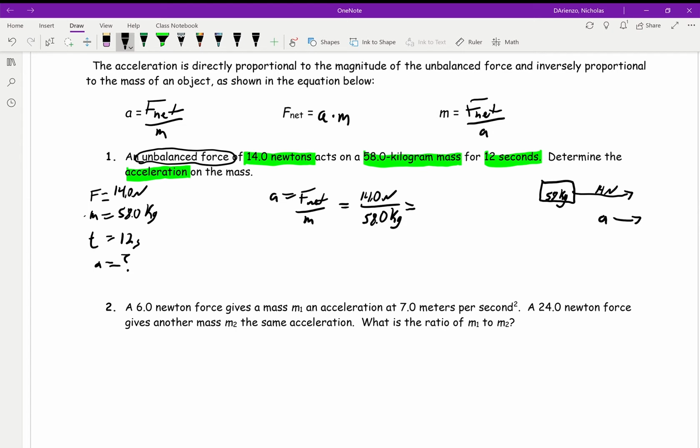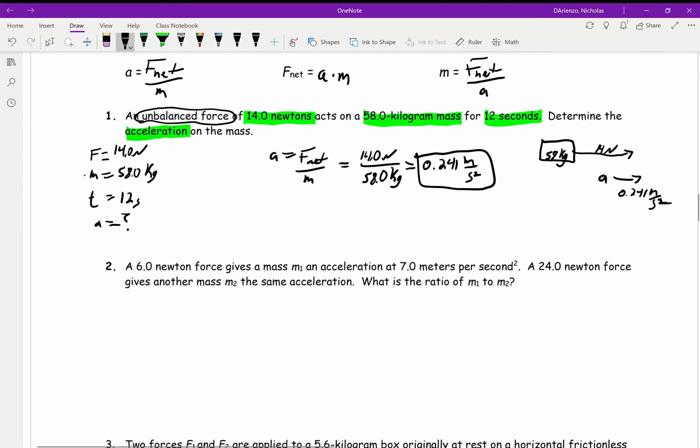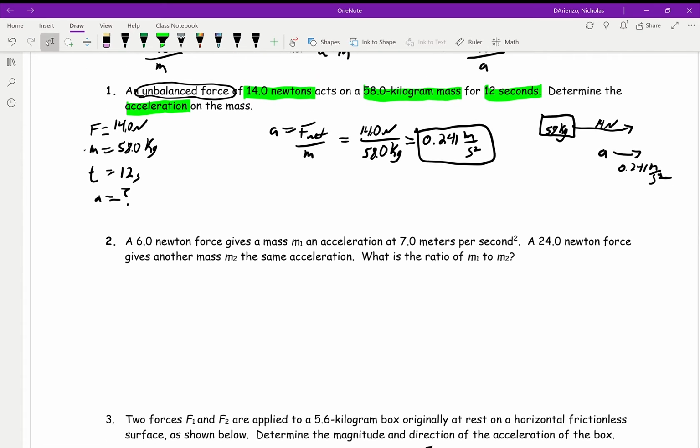This will give us an acceleration of 0.241 meters per second squared. That's being applied in the same direction as our net force of 14 newtons.